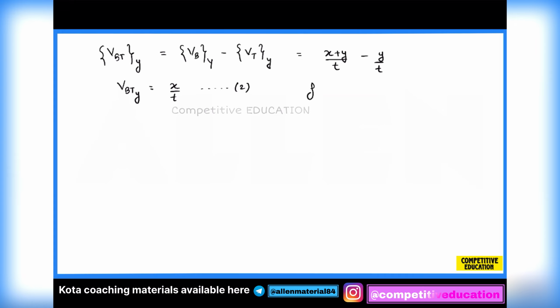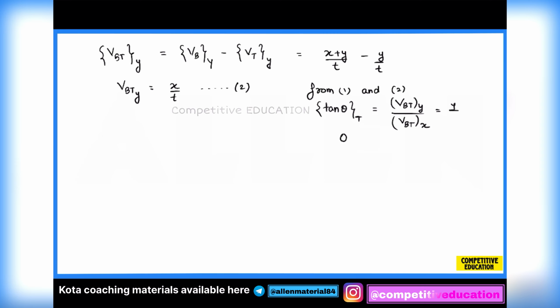Now from 1 and 2, I can get tan theta. This is the angle made by the velocity vector with the horizontal when seen from the trolley frame. So it will be the velocity of the ball with respect to the trolley in the y direction divided by the velocity of the ball with respect to the trolley in the x direction, that will be 1 from equations 1 and 2.